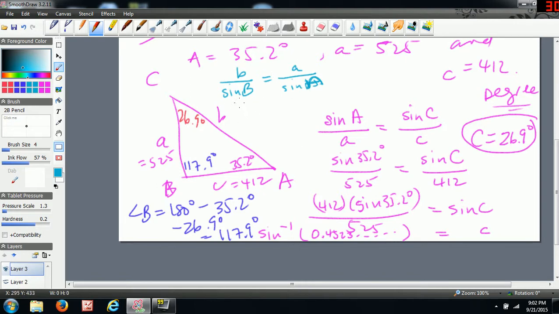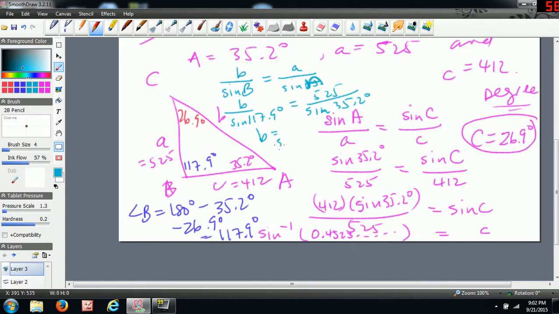Okay, so B over sine of 117.9 degrees is equal to 525 over sine of 35.2 degrees. And now we're going to cross multiply, and when we do, we get that B equals this times this divided by this.